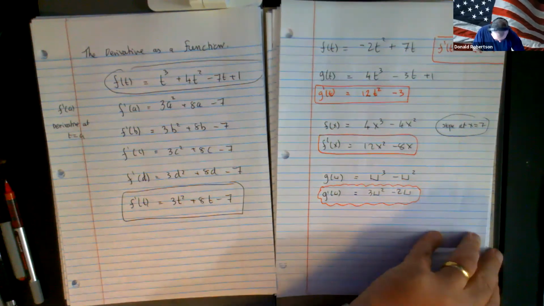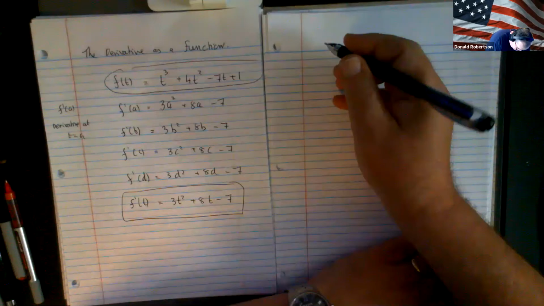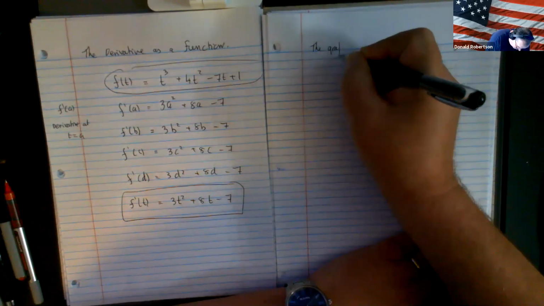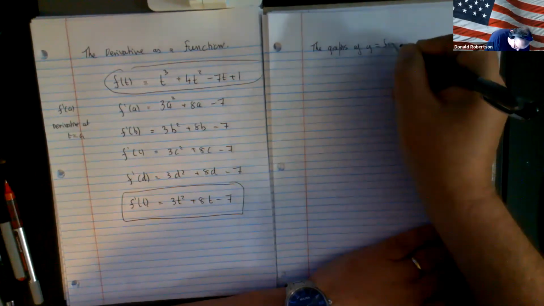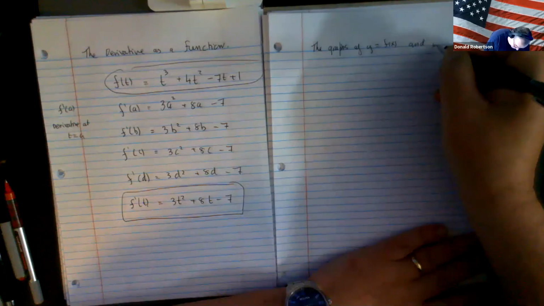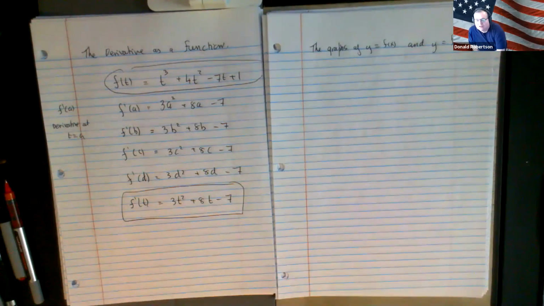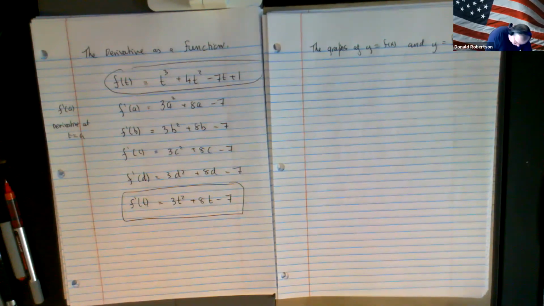Now, since the derivative function is a function, is there any connection between the graphs of the original and the graph of the derivative function? And the answer is yes. There are many connections between the two.